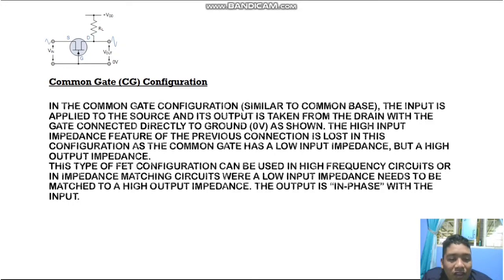This type of FET configuration can be used in high frequency circuits or impedance matching circuits where a low input impedance needs to be matched to a high output impedance. The output is in phase with the input.